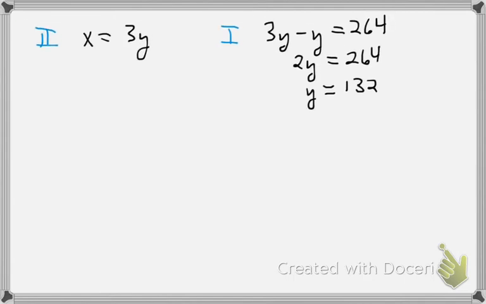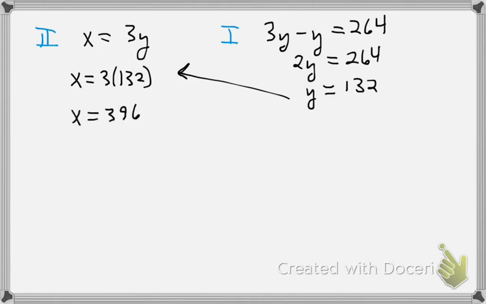You guys agree? Yes. And then we back substitute. So x equals 3 times 132. That means x equals 396. We answer words with words.